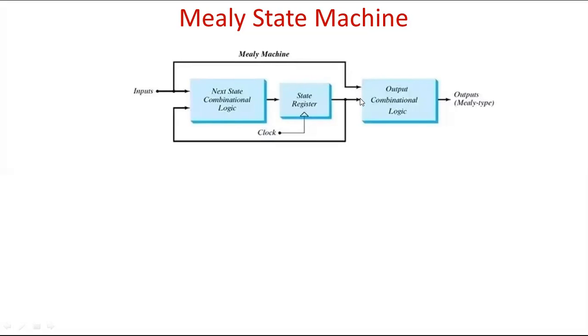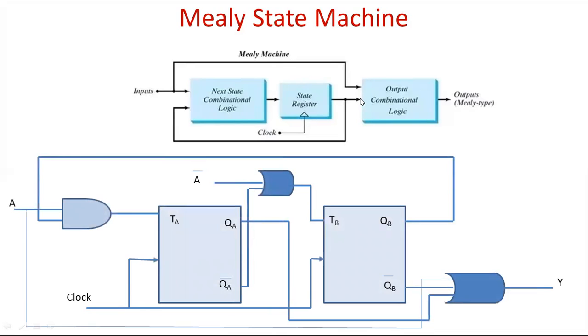So the Mealy machine reacts faster to the inputs. When I say it reacts faster, I mean it gets executed in the same clock cycle. Whereas the Moore machine requires a decoder logic, so the output gets delayed by one clock cycle. If you see the example of the T flip-flop, we are giving 3 inputs to this output combinational logic gate.